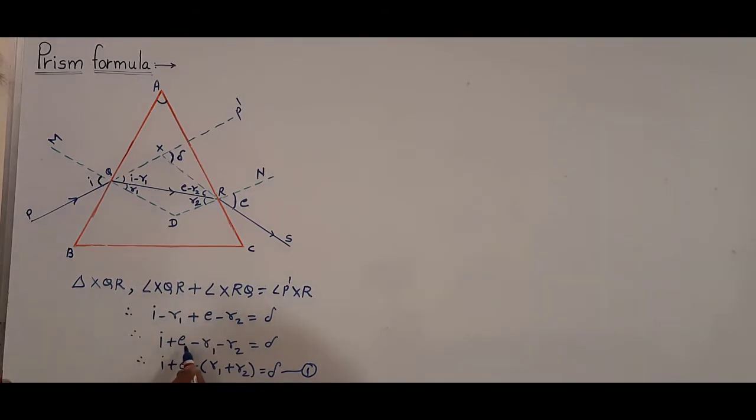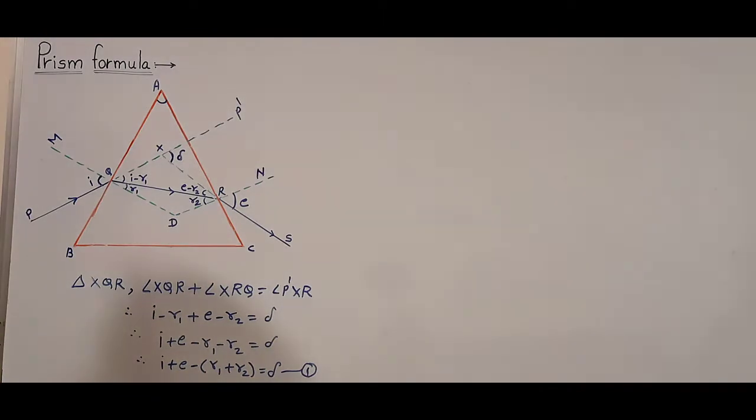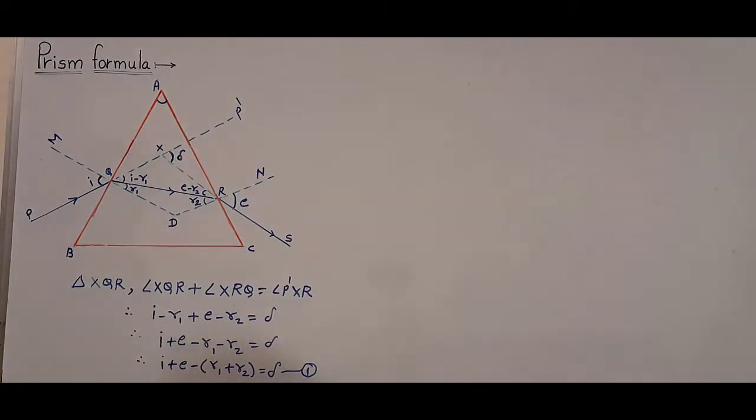Therefore, I plus E minus R1 minus R2 is equal to delta. I plus E, negative sign is taken outside of the bracket. We will write minus R1 plus R2 is equal to delta. We call this equation 1. Now, we have to find out the value of R1 plus R2.